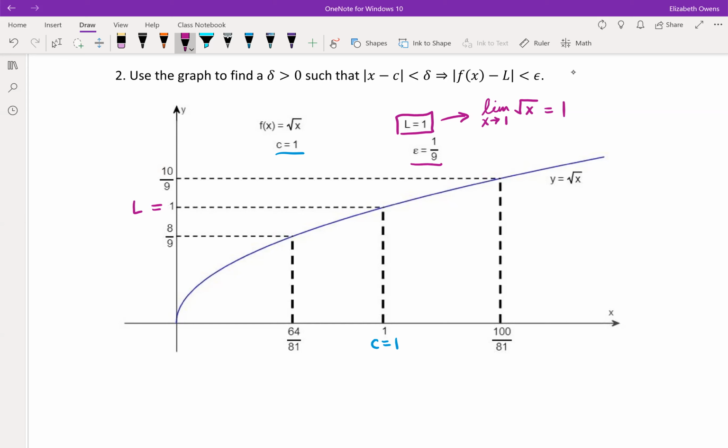So notice again that our interval marked off here has an upper boundary of L plus epsilon and a lower boundary of L minus epsilon. This little distance in here between the center L and either side of the boundary is epsilon.